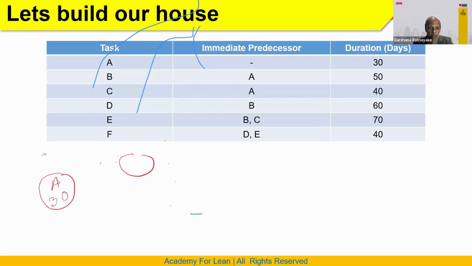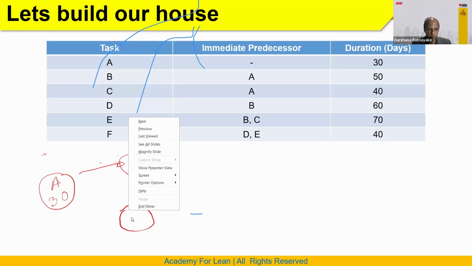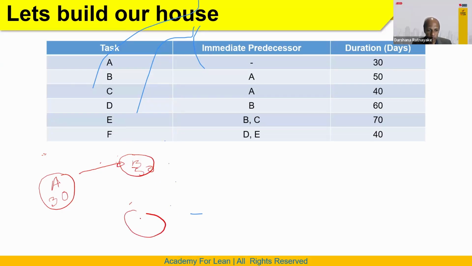Task B needs 50 days, and we need to complete task A. Then task C. How many days? 40. And to do task C, we need to complete task A.